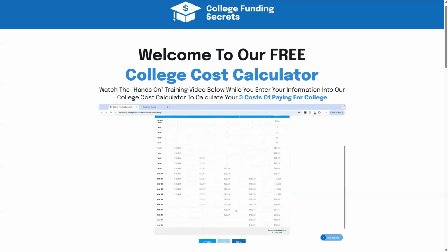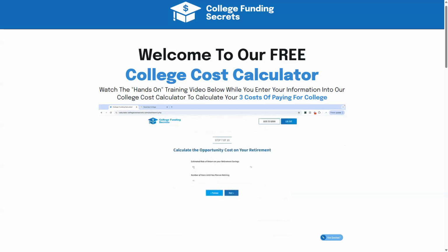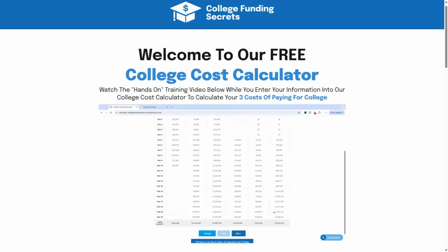And if you can borrow money for less than what you can earn on your savings, yes, it's going to cost you $1.1 million in this example. But if we could earn 6% on our retirement over the next, let's say, 20 years, then we are looking at a less cost to borrow the money than it would cost to actually pay cash.